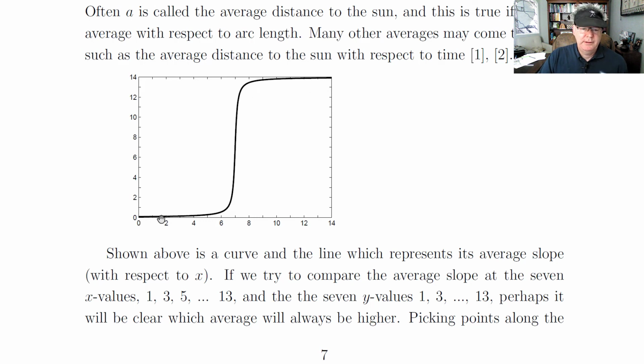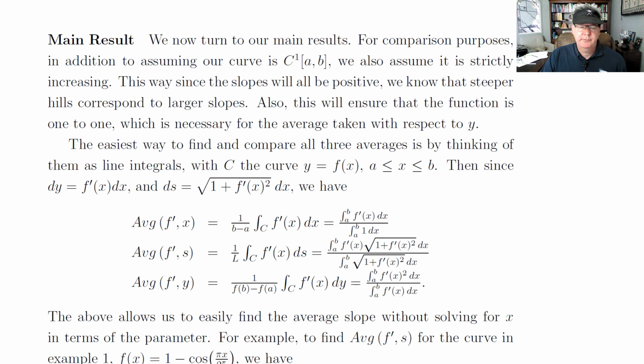Whereas if I take points equally spaced along the curve, I would get more points on this steep part. And even more so, if points equally spaced along the y, you'll get even more, right? If I had 20 points along the x, s, and y, the averages get higher as you go in that order. Could be clear. So that's the result.